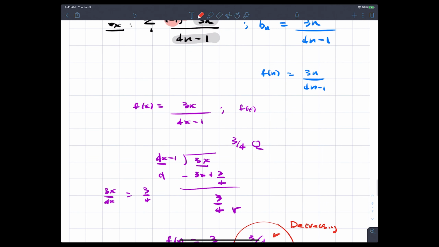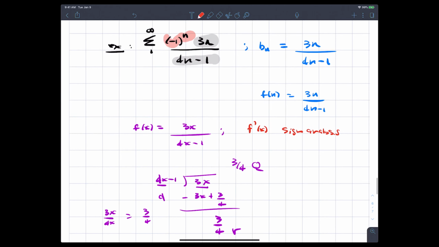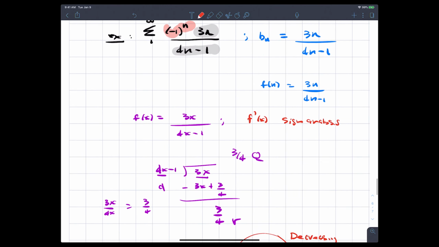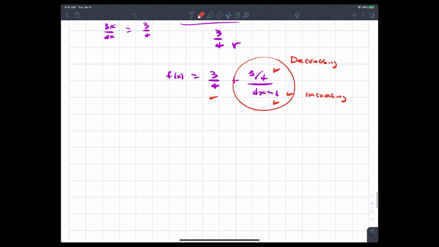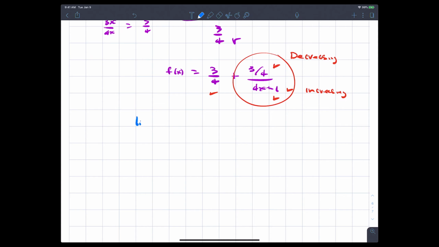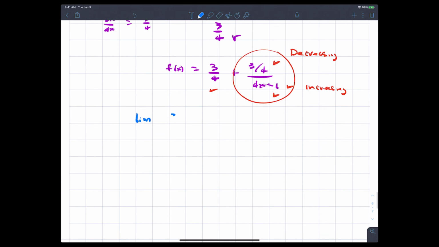Now, if you like, simply use calculus. F prime of x, you can do sign analysis for that, and you could show that this portion is a decreasing function. Anyway, if you take a look at that limit now, here's the interesting part. You get 3n over 4n minus 1 if we try to take this limit.